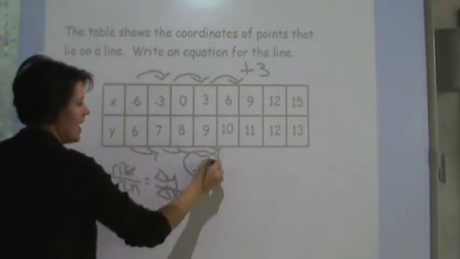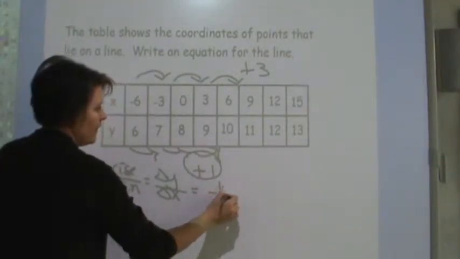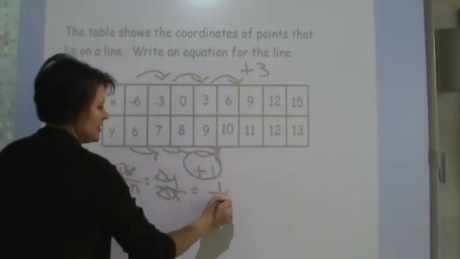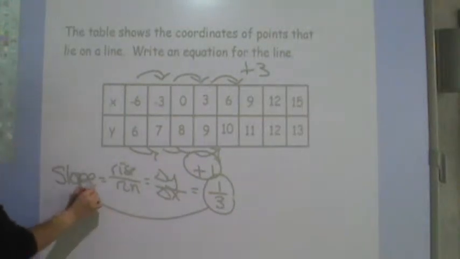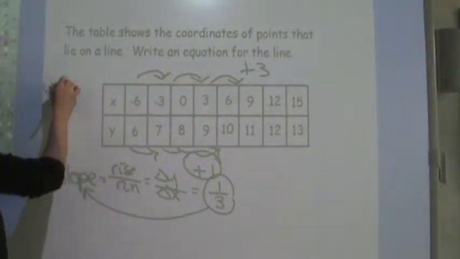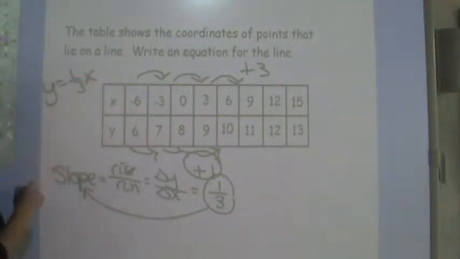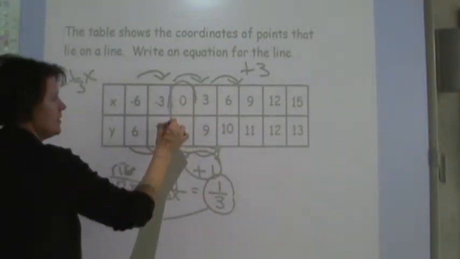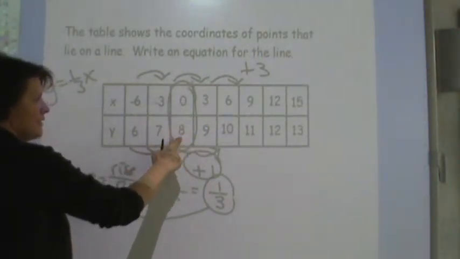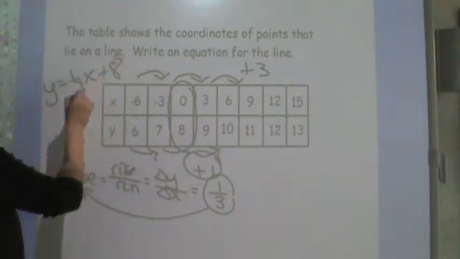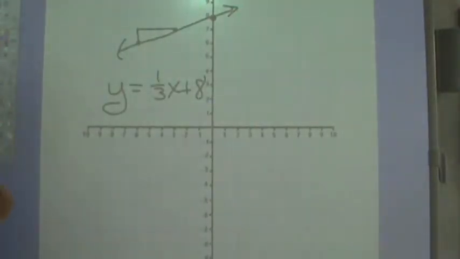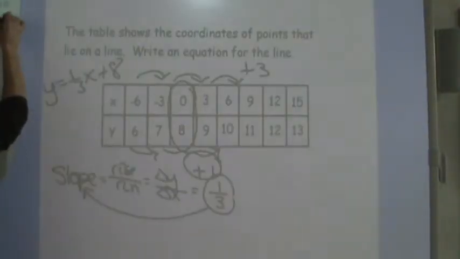My change in y is 1, and my change in x is 3. So that's my slope. So y equals 1/3 x. And then where x is 0, y is 8, so that's my vertical intercept. Same answer, just done a different way.